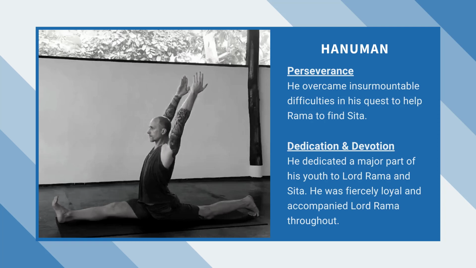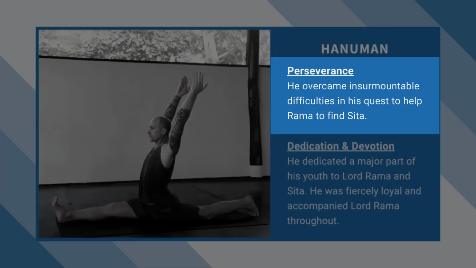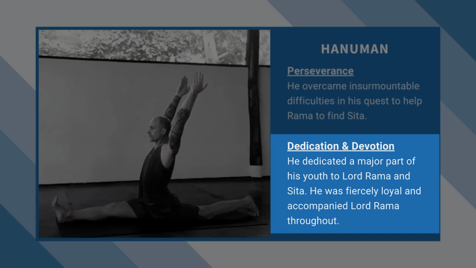As you learn about Hanuman through his stories, you will recognize that he embodies several different qualities. One of these qualities is perseverance. He overcomes insurmountable difficulties in his quest to help Rama to find his wife Sita. And another quality that Hanuman embodies is that of dedication and devotion.